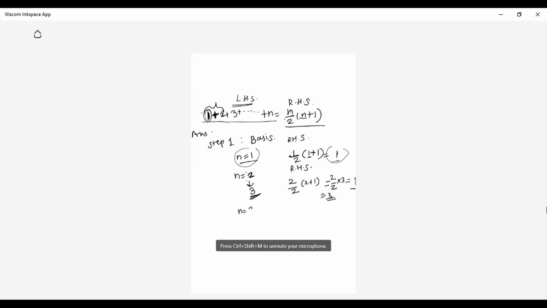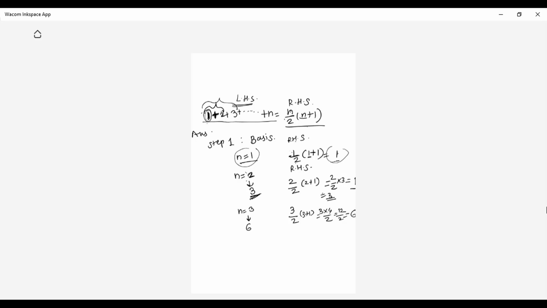n is equal to 3. What am I going to get? I'm going to consider these first three values. So 1 plus 2 plus 3 is 6. I'm going to get 6. Put n is equal to 3 here. So 3 by 2, 3 plus 1 is 3 into 4 by 2, which is 12 by 2, equal to 6.